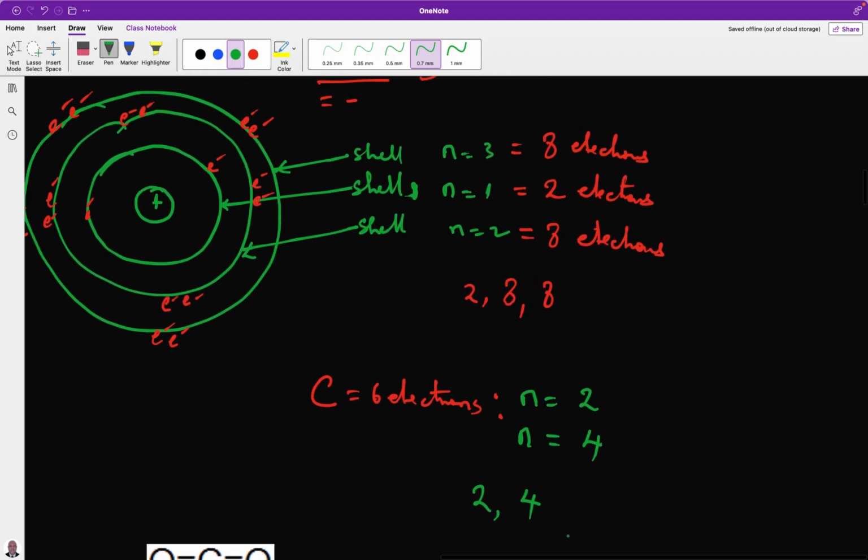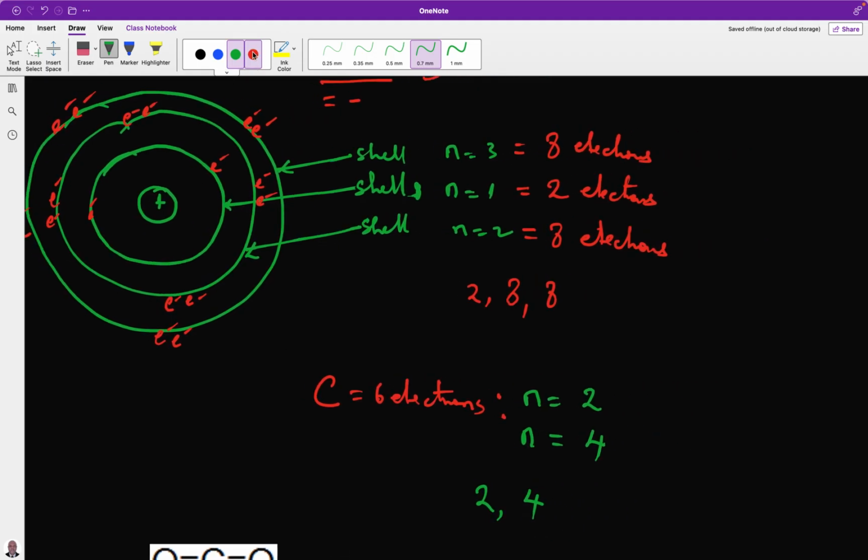If we arrange another element, let me say sodium, sodium has 11 electrons. The first shell will be equal to 2.